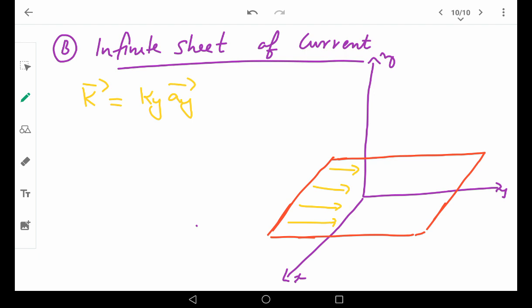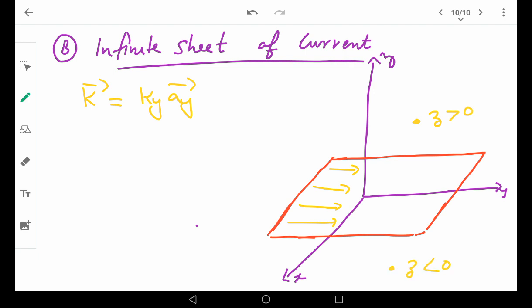Now in this case you can find the magnetic field at any point above or below the plane. For example, if you have a point here, this is z greater than 0, and if you have a point here, z less than 0.